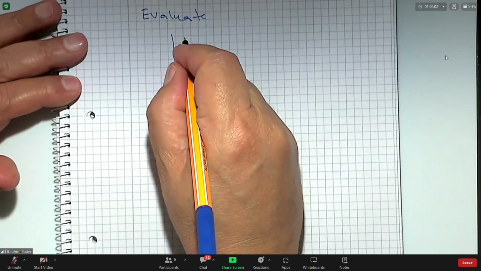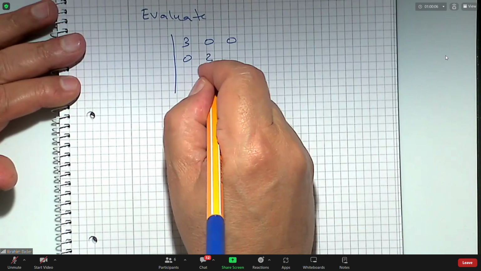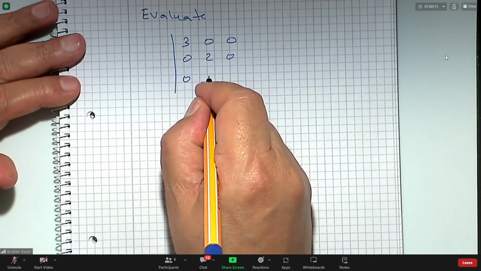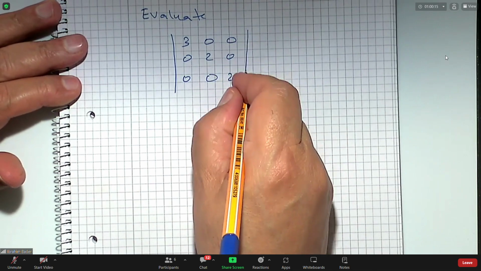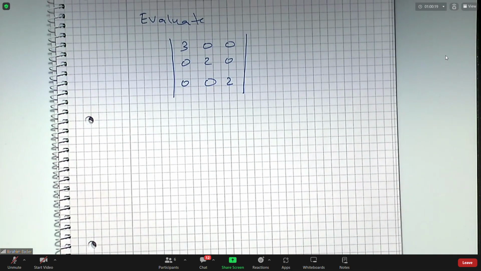of, let's say, 3, 0, 0, 2, 0, 0, let's say 2. Okay, I hope you can see it. I have here 1, 2, 3, 4, 5 or 6 students online. I want to give you a couple of minutes to solve it.